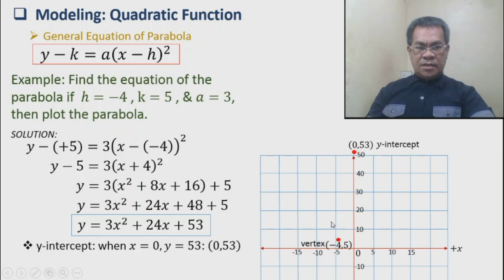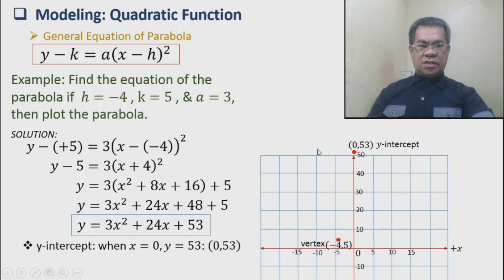Take note that the axis of symmetry will pass through the vertex, and the parabola is open upward. So the axis of symmetry must be the vertical line. The axis of symmetry means the points on the right are the image of the points on the left side.